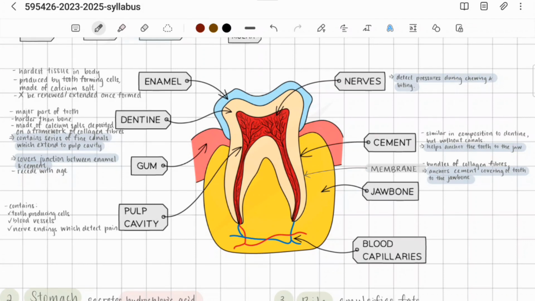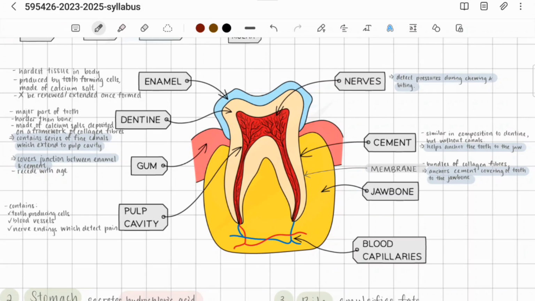This is the outermost part, the one that we see, white or yellowish white. And then after that, inside we have dentin. Dentin holds the major part of the tooth, harder than bone, also made of calcium salt, and deposited on a framework of collagen fibers. The functions I will highlight in blue.